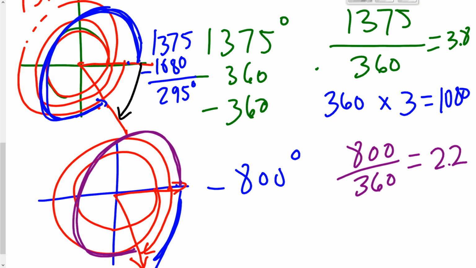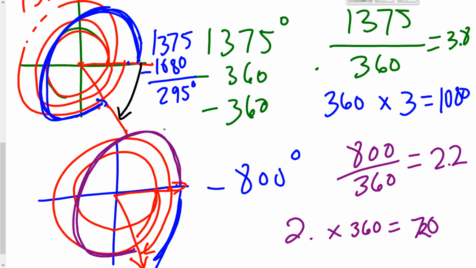Because this is negative, I'm going to take that 2.2 and multiply it by 360, which is 720. So that's 720, even though it's going this way, that's okay.